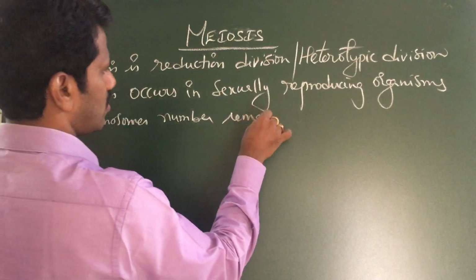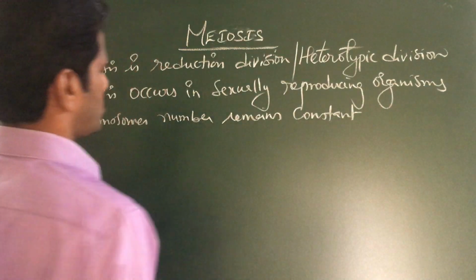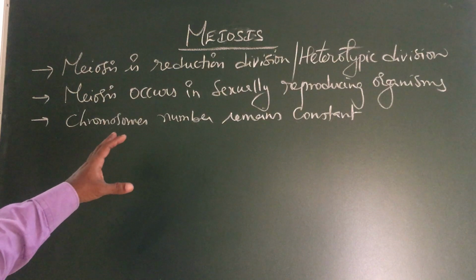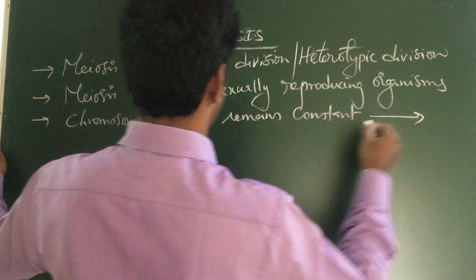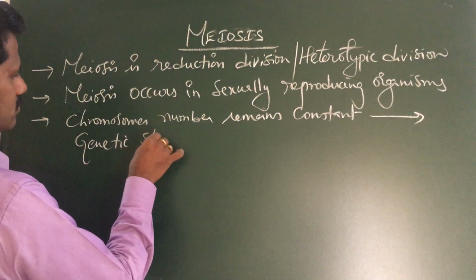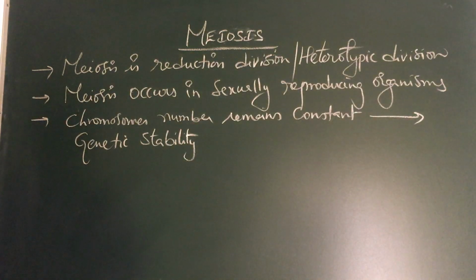Only the DNA gets duplicated. We call this genetic stability. Chromosome number remains constant, which is what you call genetic stability.